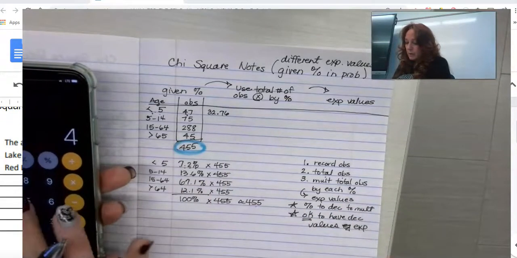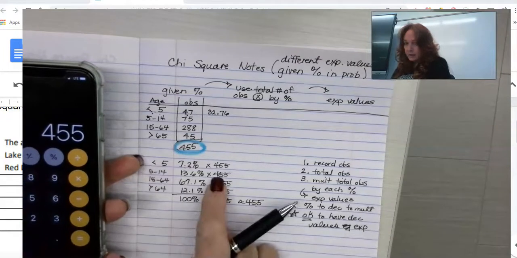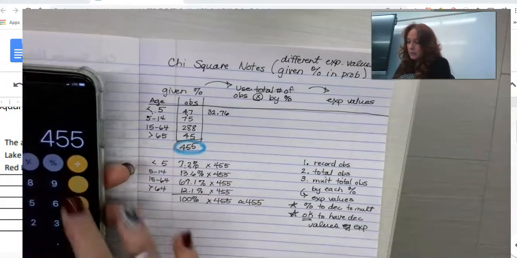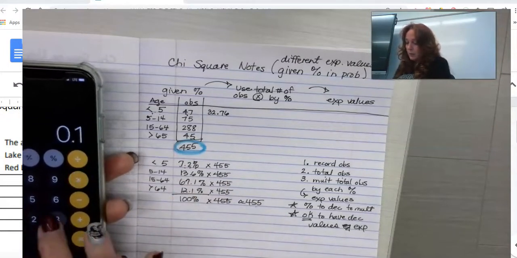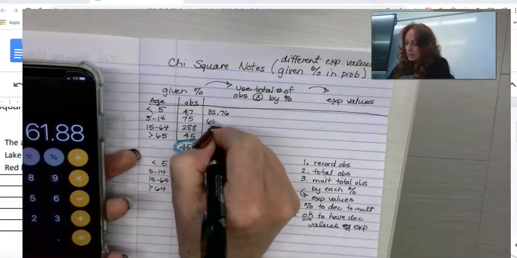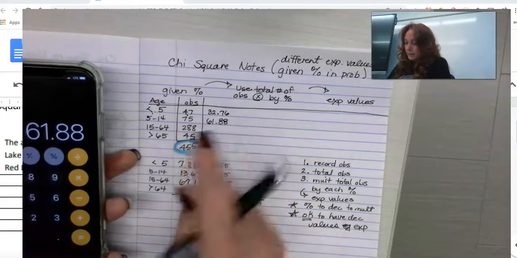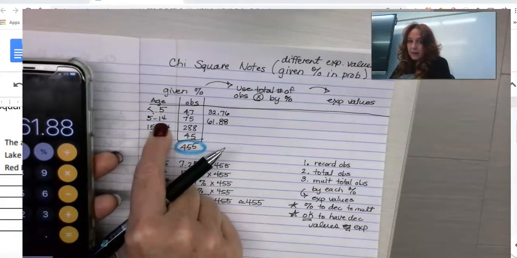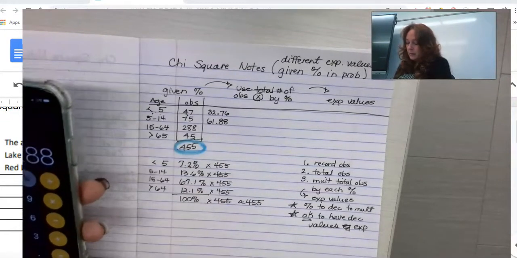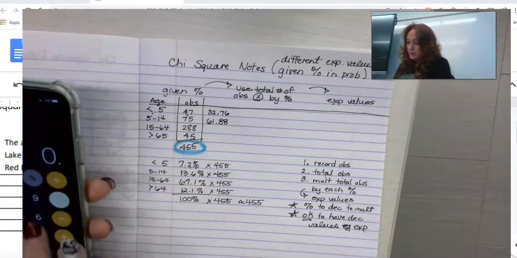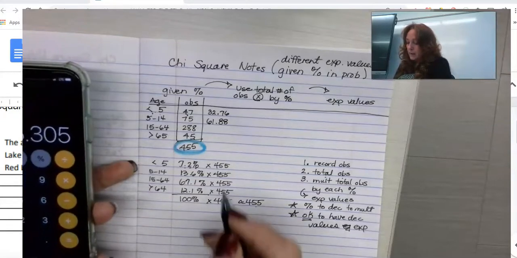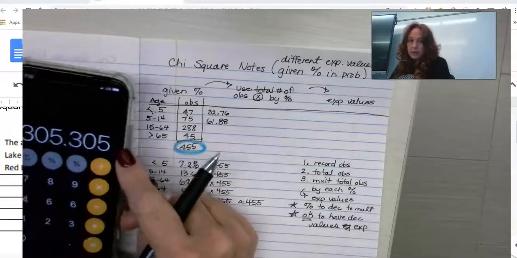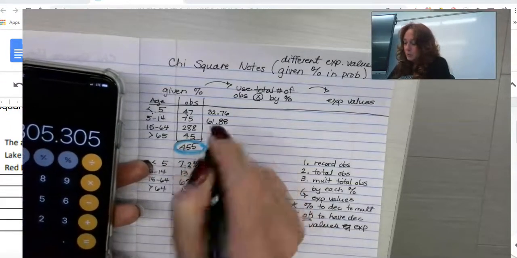So I'm going to start again. I'm going to take 455 every single time, and I'm going to multiply that now by 0.136. Make it 61.88 people that I would expect to be in the age bracket of 5 to 14. Then I'll take 455 times 0.671, and I have a number. I'm going to go ahead and round it just because I'm going to go with 2 decimals.